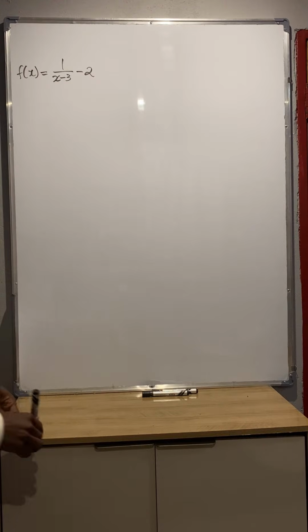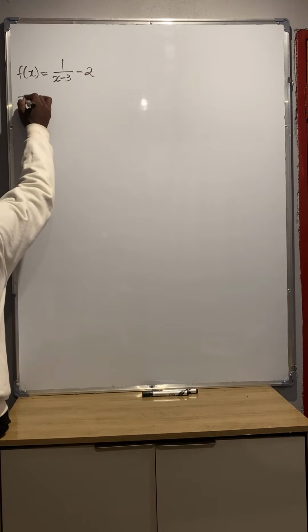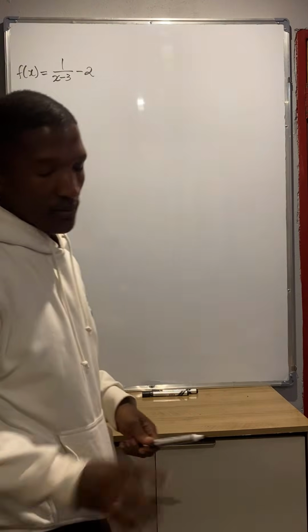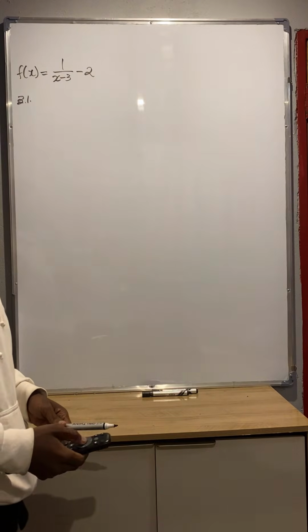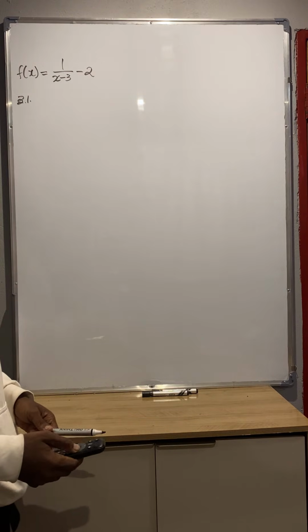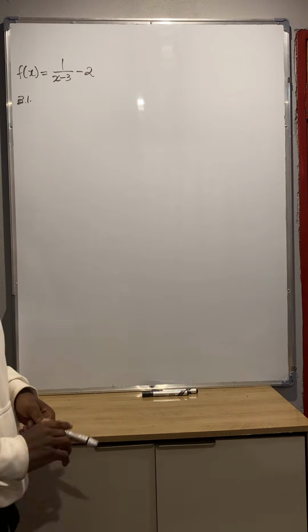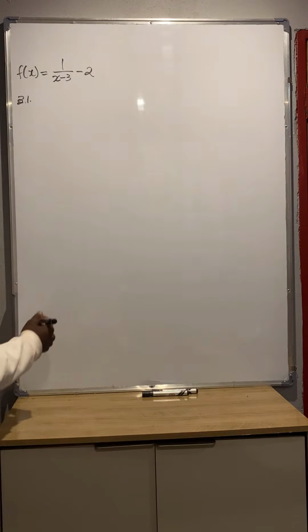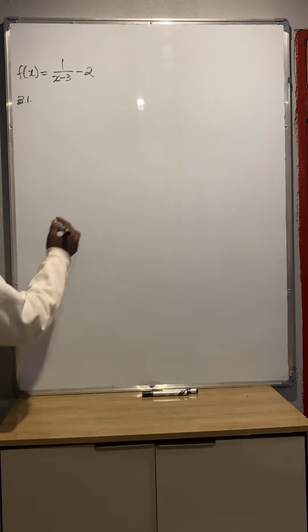Question 3.1: write down the equations of the asymptotes first.